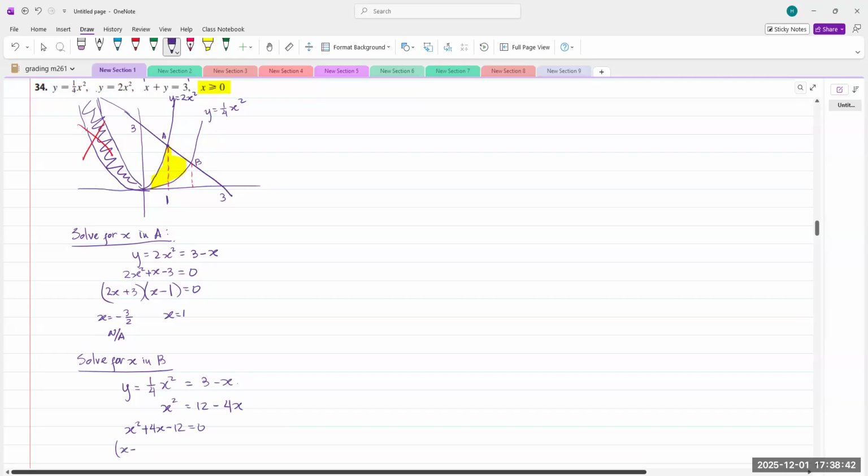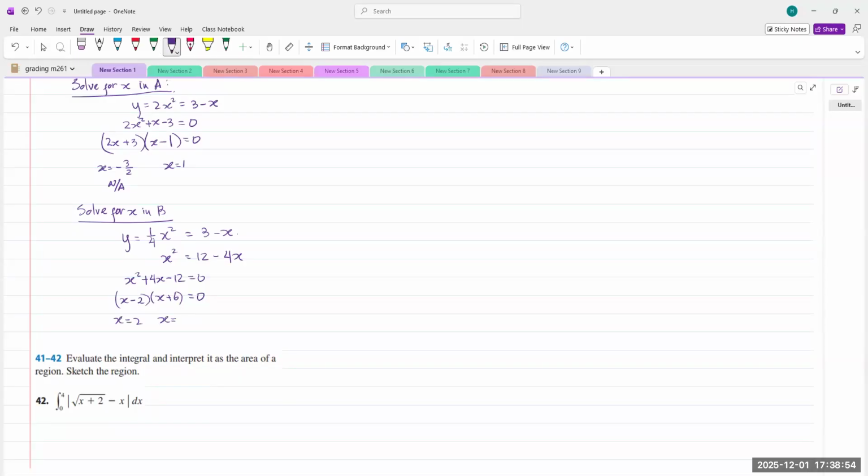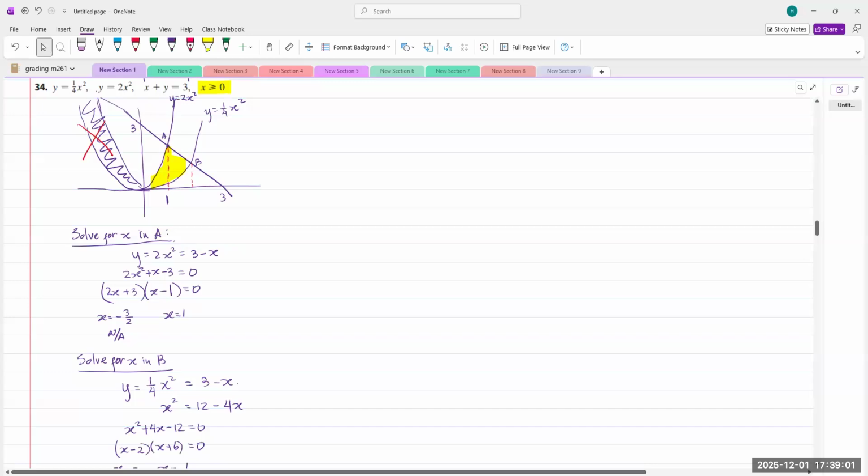So x minus 2, x plus 6. So x equals 2, and x equals negative 6 is the one we don't use. So from there we see that this is x equals 2. Okay, so we get the intersection.